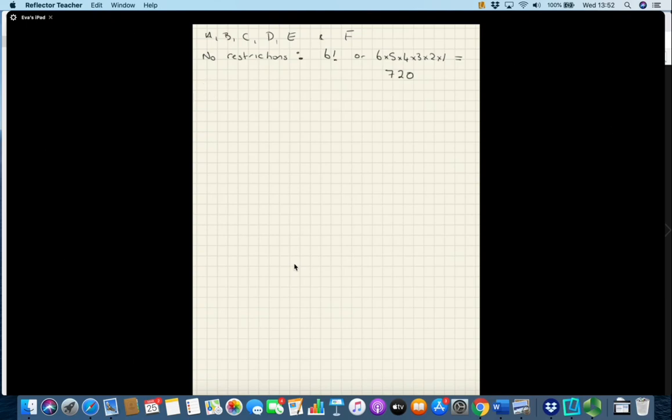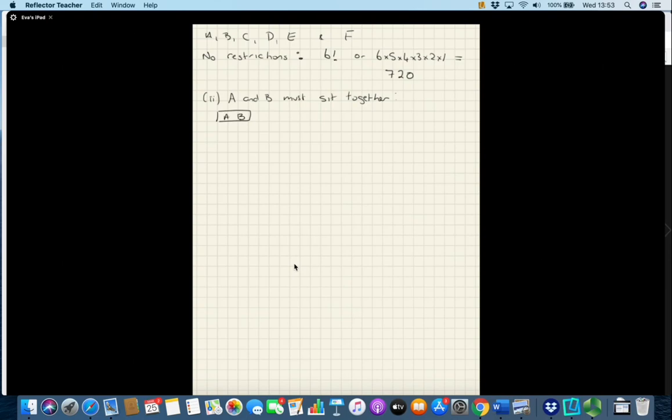Okay, the second part said A and B must sit together. Okay, so how we do that is we treat A and B as one permutation.